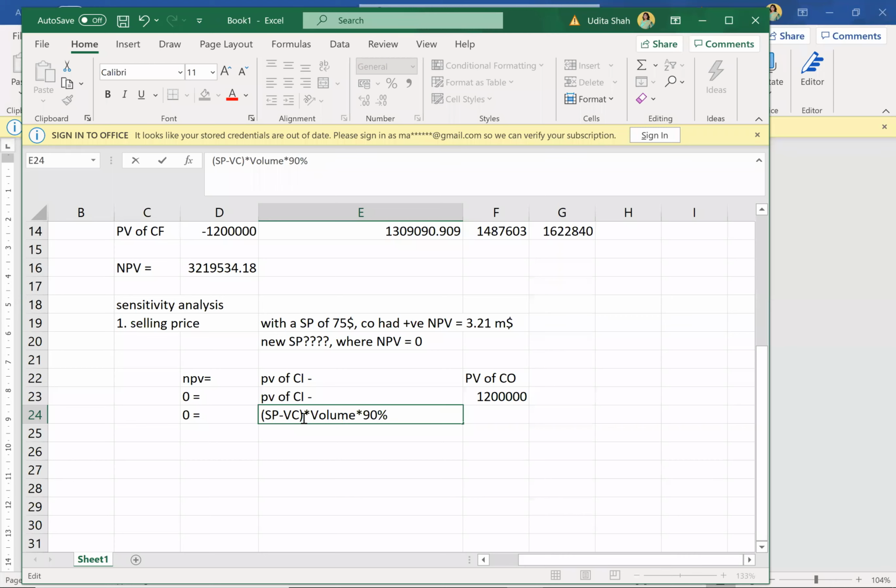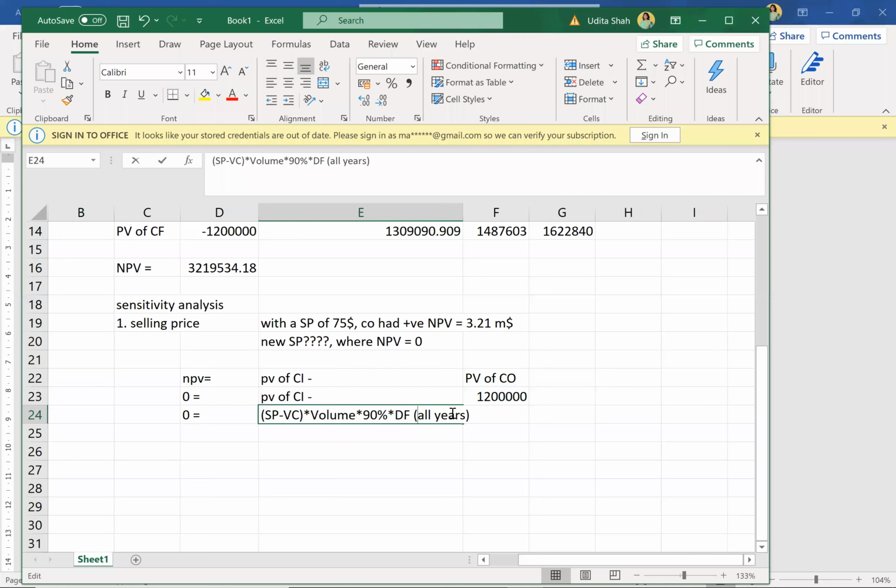So into 1 minus t, instead of doing into 1 minus 10%, we can directly do into 90% gives me PAT, and into discounting factor gives me present value of cash inflow. That was for 1 year, correct? And I did this for all the years.